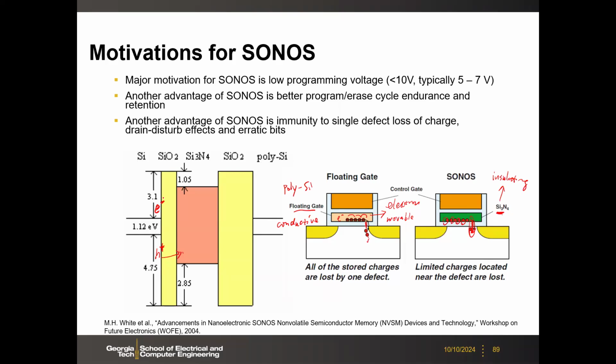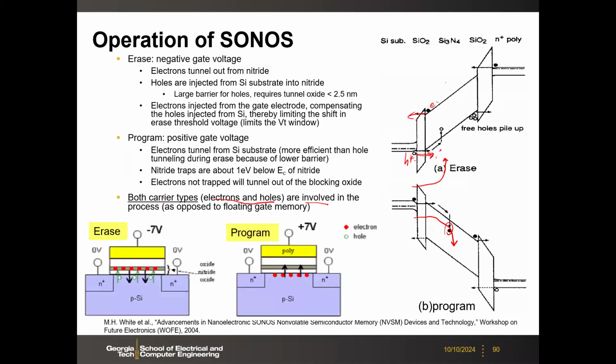But typically, people will claim that in the SONOS structure, hole injection is also involved. The majority is still electrons, but the holes are involved. This is important later when we talk about 3D NAND flash, because hole injection is needed for the erase. But anyway, here is the conclusion: the holes are also involved in the erase.